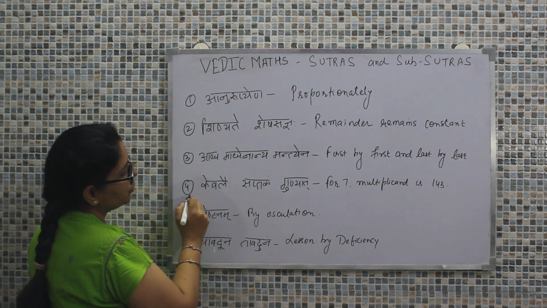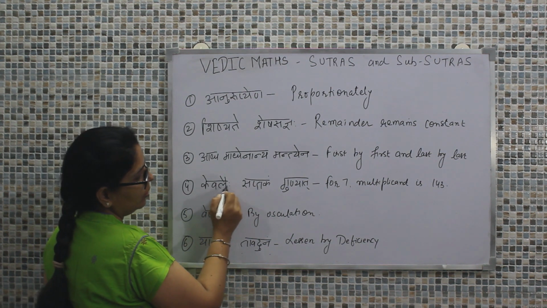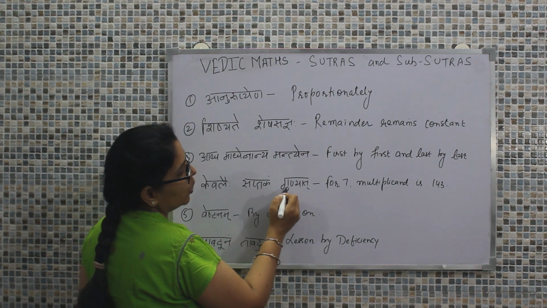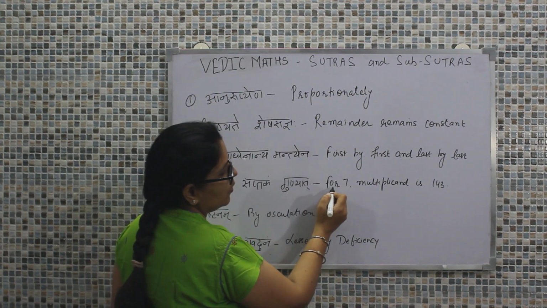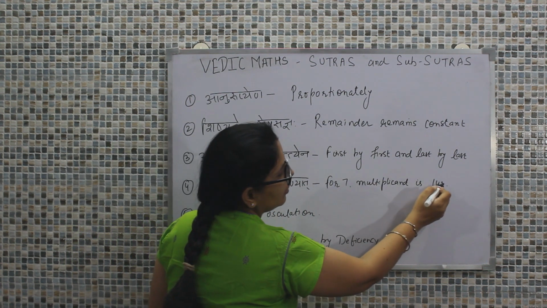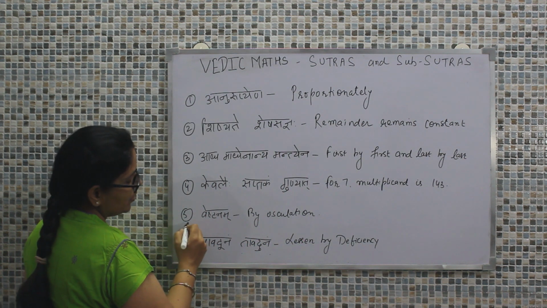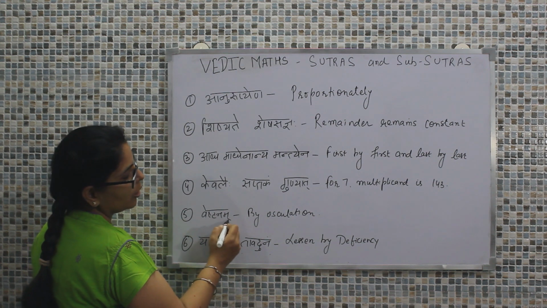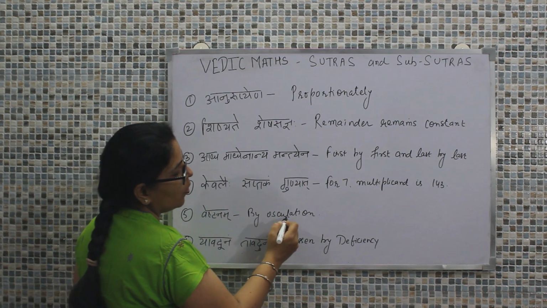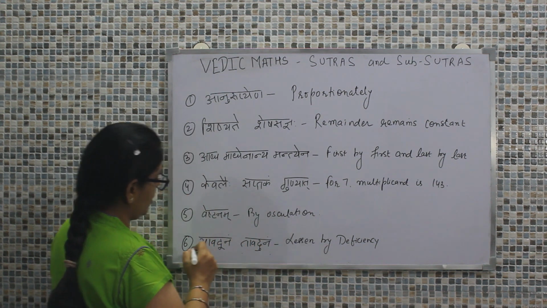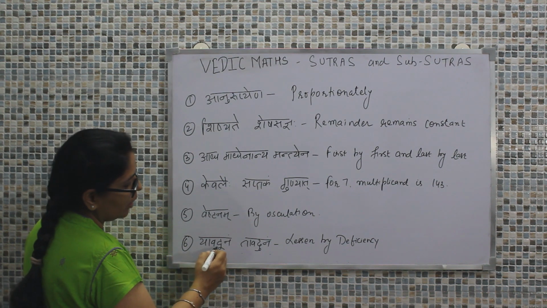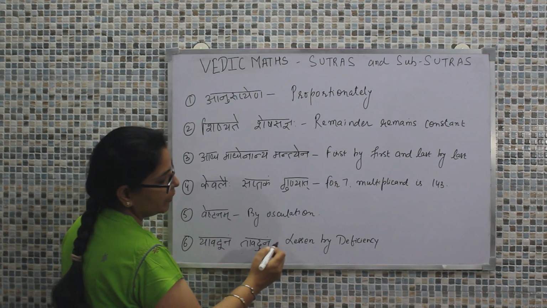The fourth sub-sutra is Kevalaih Saptakam Gunyat. That is, for 7, the multiplicand is 143. The 5th sub-sutra, Vestanam. That is, by osculation. The 6th one, Yavadunam Tavadunam.